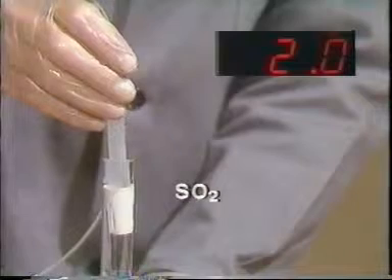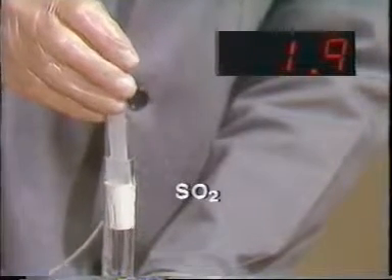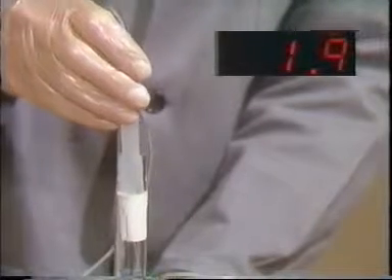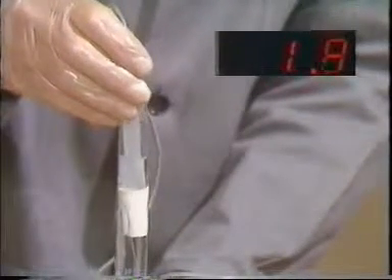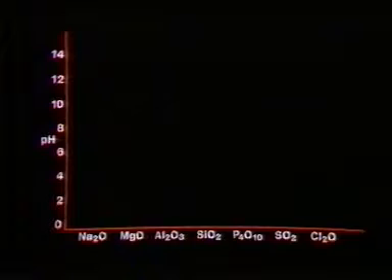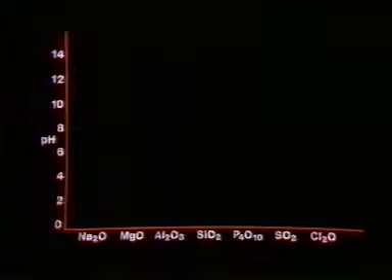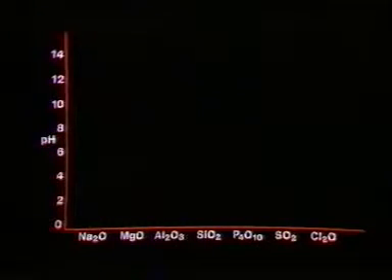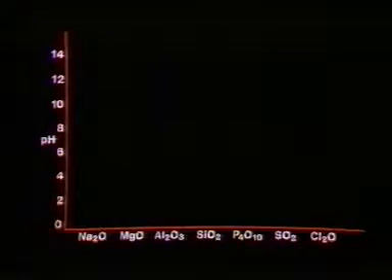And the pH of this solution is 1.9, 1.8. You should now be able to plot a graph of pH versus the compound as shown here, and use it to predict the pH of a solution of sodium oxide in water and dichlorine monoxide in water.